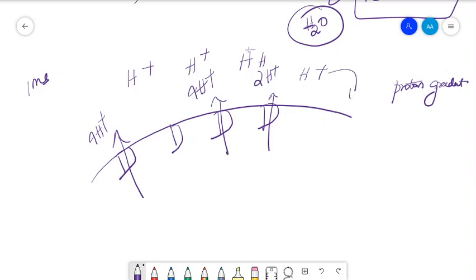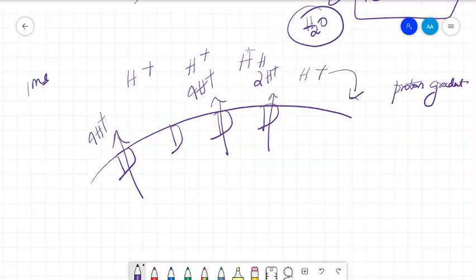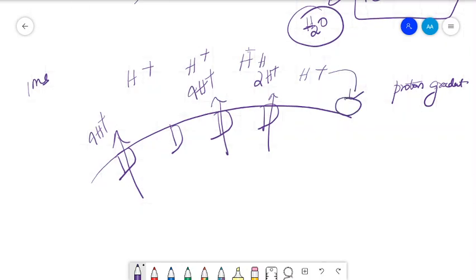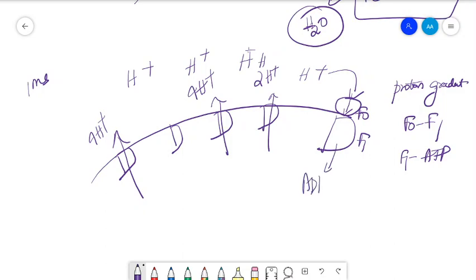This proton gradient drives protons through complex 5, which has the F0 subunit and the F1 subunit, the F0F1 complex. F0 is the proton channel. Protons enter F0, and F1 is the catalytic subunit which synthesizes the ATP. F1 receives ADP.